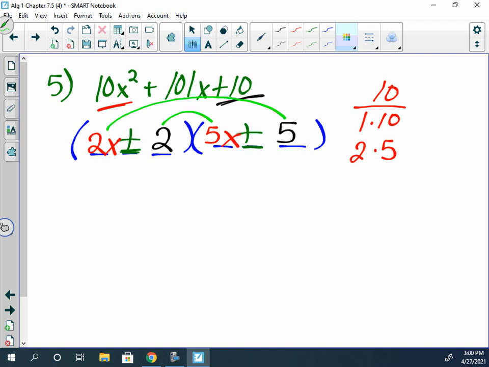Well, 2x times 5 is 10x, 2 times 5x is 5x, which is, didn't quite get there. Hey, let's just switch them around. So I'm going to switch one of them. If we switched both 2's and 5's, we'd get the same thing.